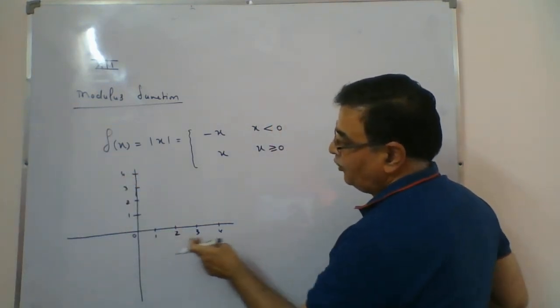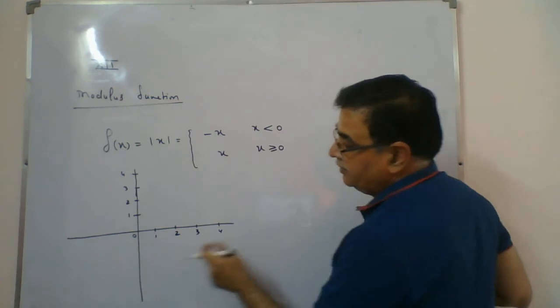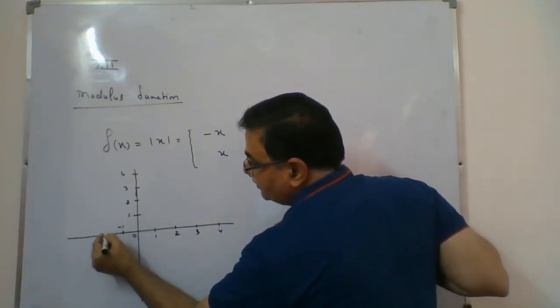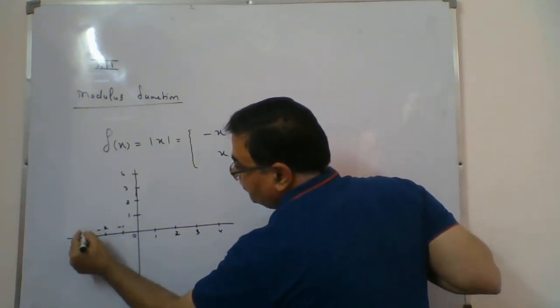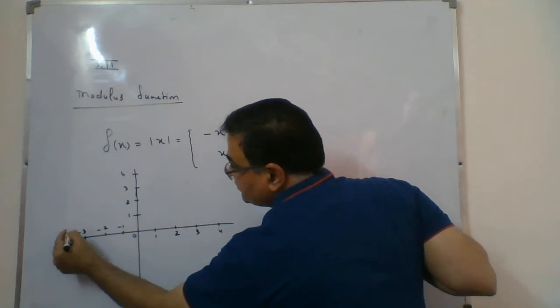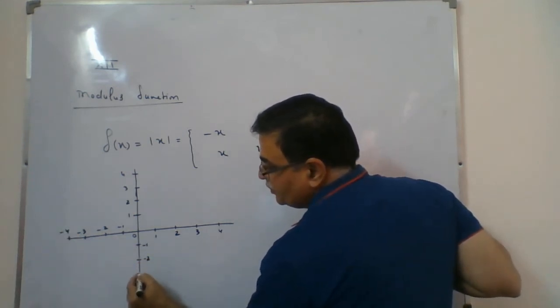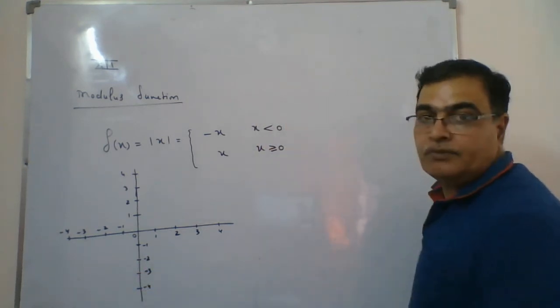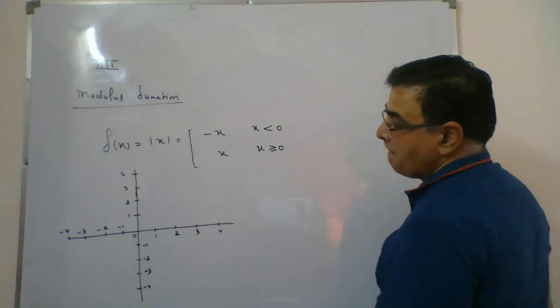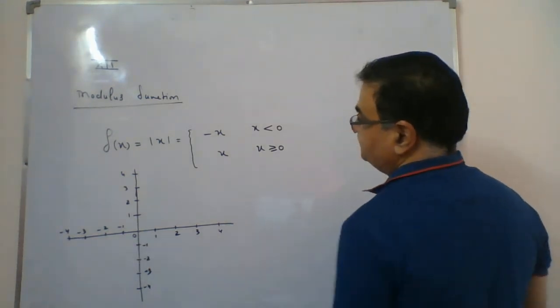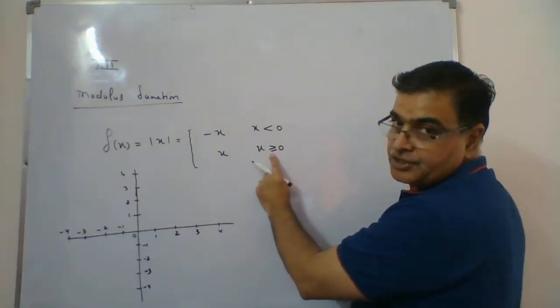First I'm taking positive numbers here. Here it is minus 1, minus 2, minus 3, then minus 4. Here it is minus 1, minus 2, minus 3, and minus 4.